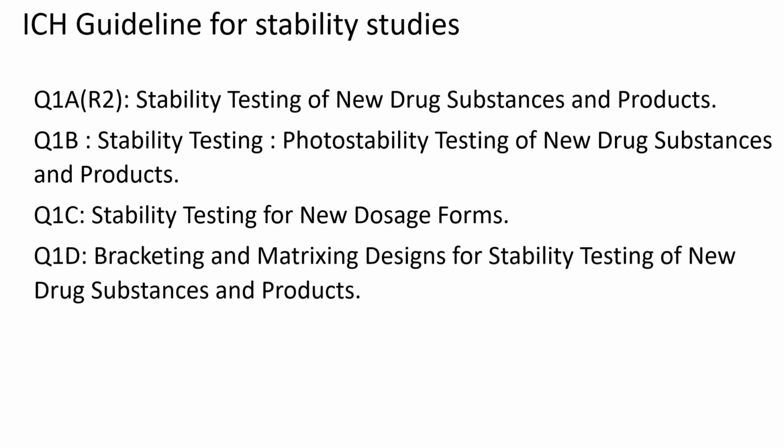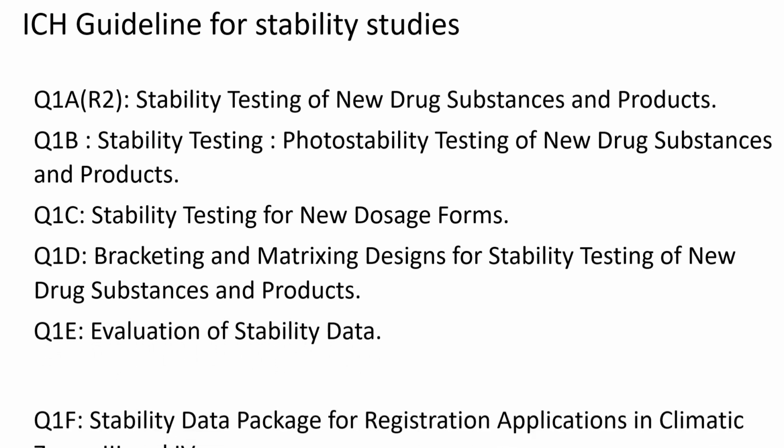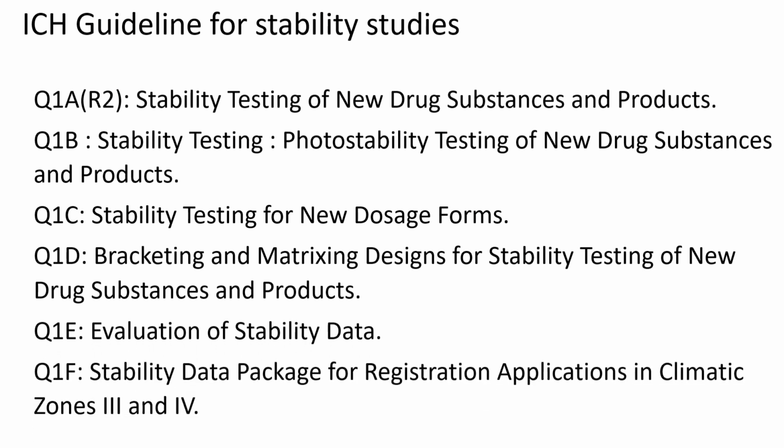Q1D, bracketing and matrixing design for stability testing of new drug substance and products. Q1E, evaluation of stability data, and last is Q1F, stability data package for registration applications in climate zones III and IV. So for the ICH guideline Q1 for the stability study, Q1A to Q1F guidelines are mentioned, so I have already given the detail here.